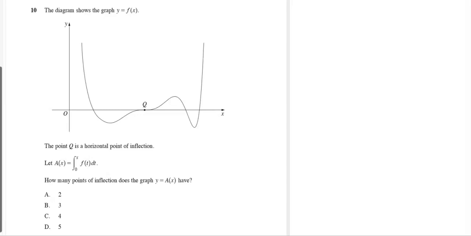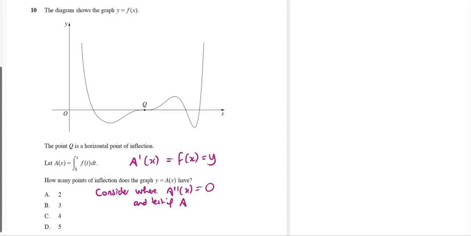Okay, so this question hangs on you recognising that if A of x is so defined, then A dash of x equals f of x, which equals y. So we need to consider where A double dash equals 0, because they are where we're interested in finding potential points of inflection, and we need to test if A double dash changes sign.